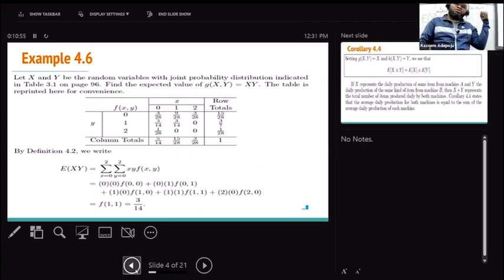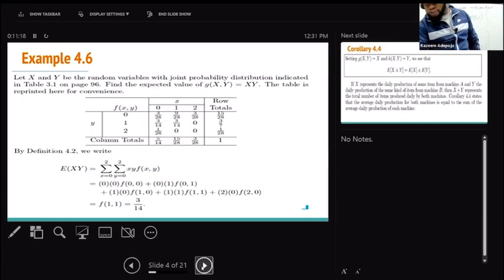That is why you want to consider the expectation of the product. Because the expectation of the product will enable you to obtain the covariance. The covariance will enable you to compute correlation. So correlation actually measures the relationship between two variables. Do they have any connection or not?